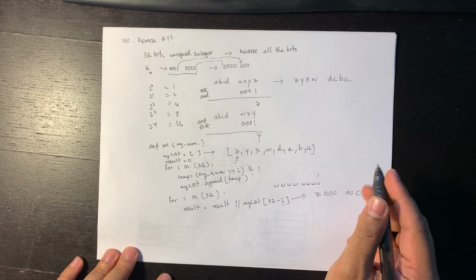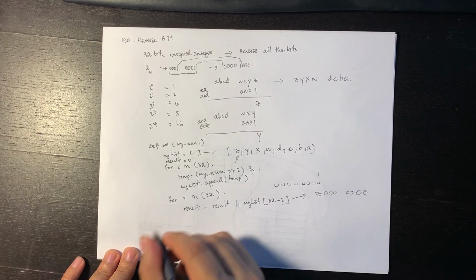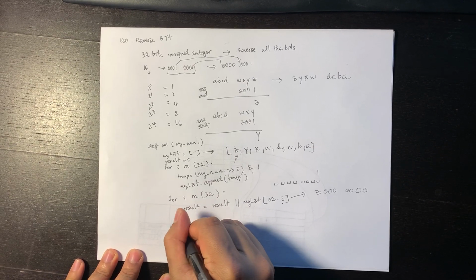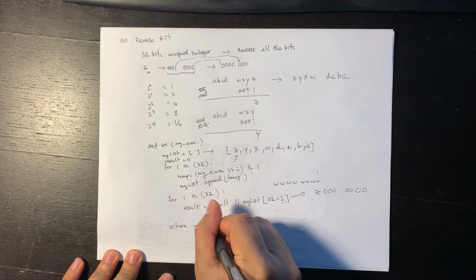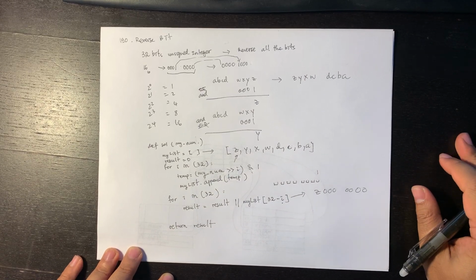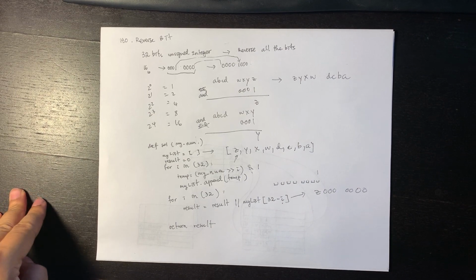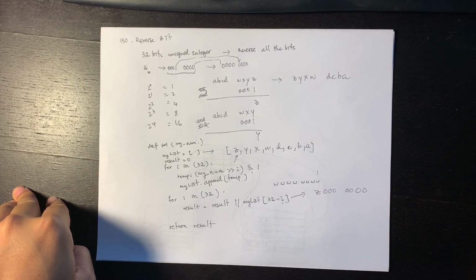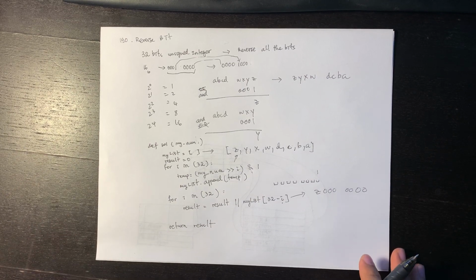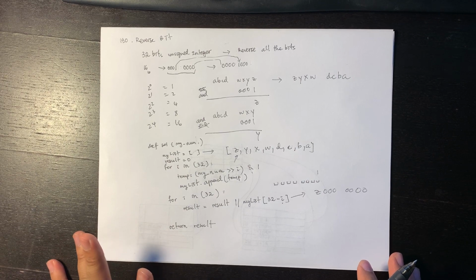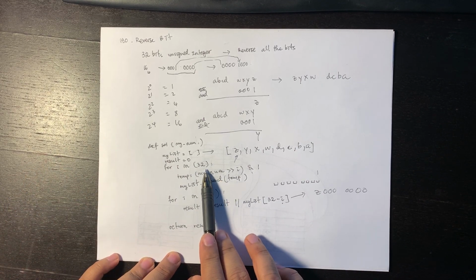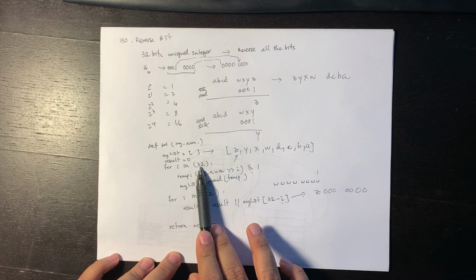So it seems like it's going to work, and hopefully it will work. At the end, we just return result. Alright, thank you. I hope it works. I'm going to type it in and see how it goes. Maybe I can improve on that. I think I might be able to improve on this, because it's not necessary to check all 32 bits.